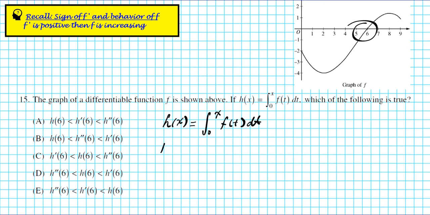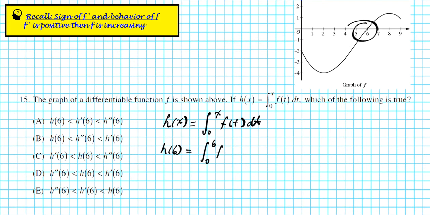Let's start by looking at h of 6. What is h of 6? For h of 6, you simply input 6 into the function and see if we can quantify what the result will be. The integral from 0 to 6 of f of t dt is the area here, this area, the accumulated area from 0 to 6.